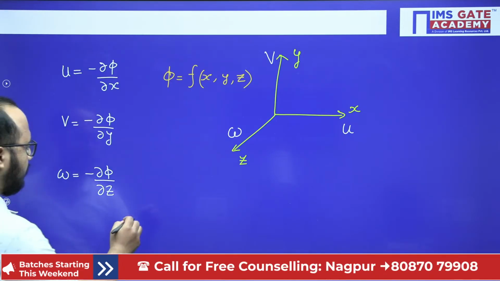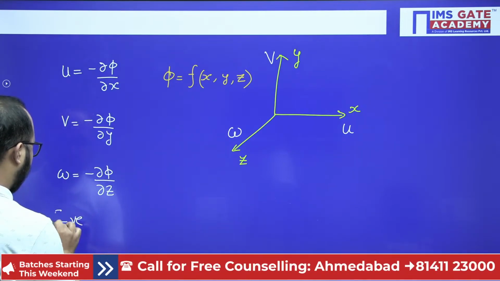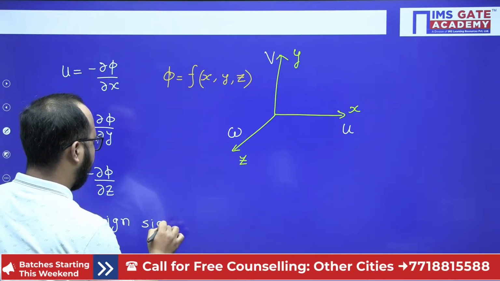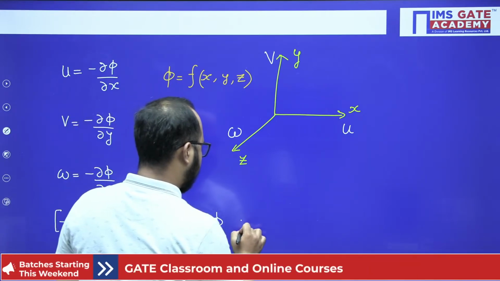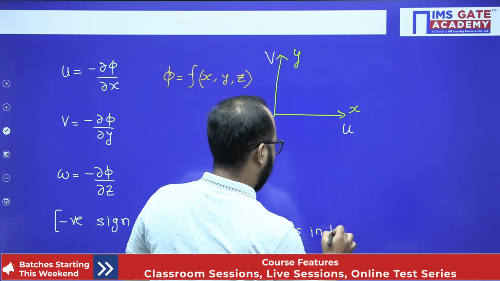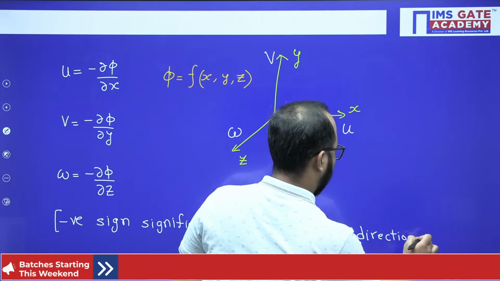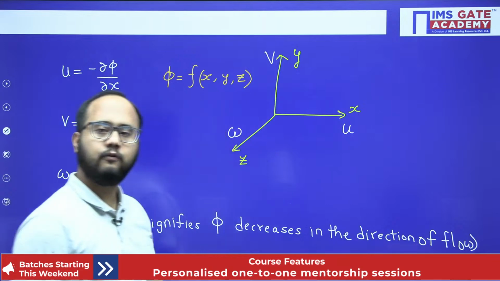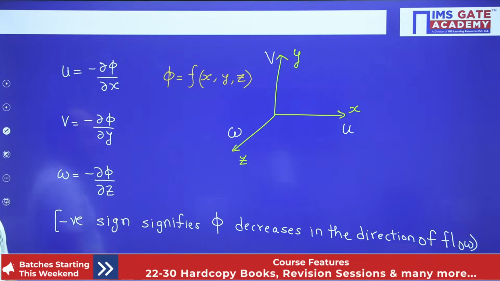So you can mention here itself: negative sign signifies phi decreases in the direction of flow. Right, everyone? So negative sign signifies the phi decreases in the direction of flow.